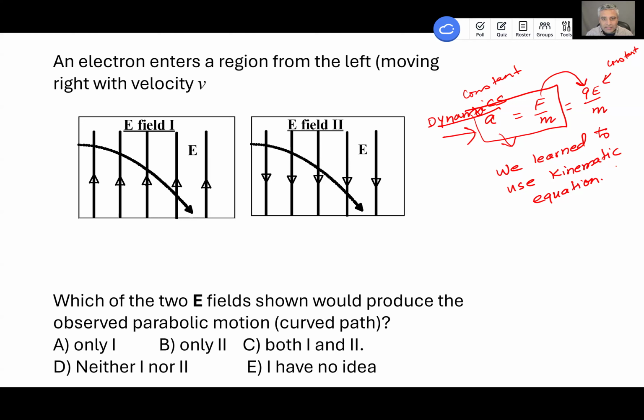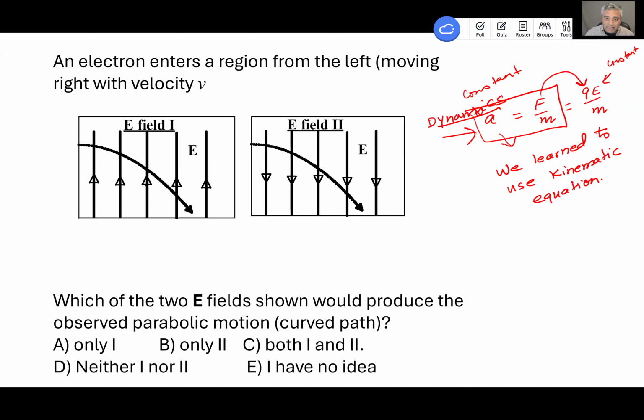Kinematics, dynamics, and what did we learn in physics 1 after that? So we learned three main things in physics 1: kinematics, dynamics, and conservation principles.